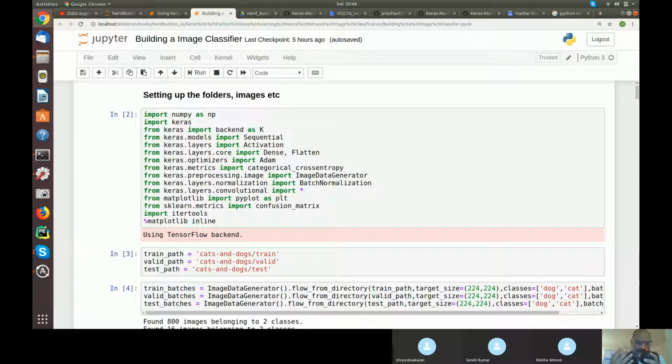ImageNet is considered the main competition for images, and this is the model that won in 2014. That model can categorize 1,000 different kinds of categories, so we will change that to categorize just 2 categories, which is cats and dogs.